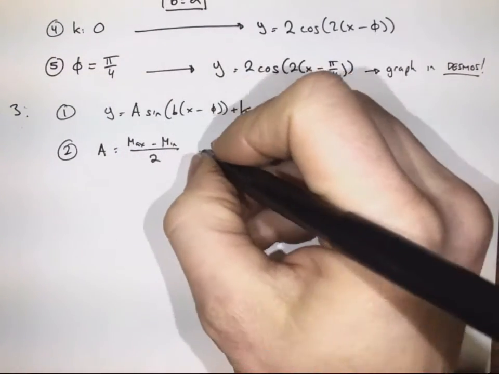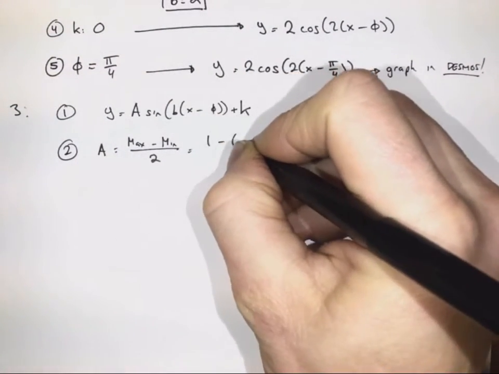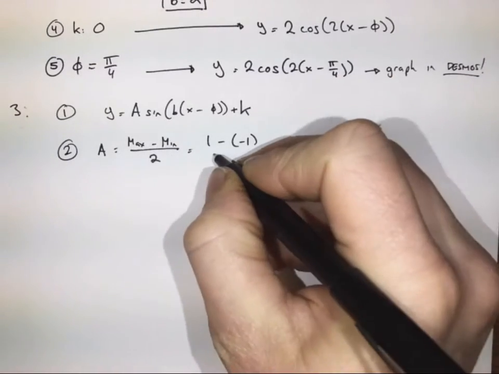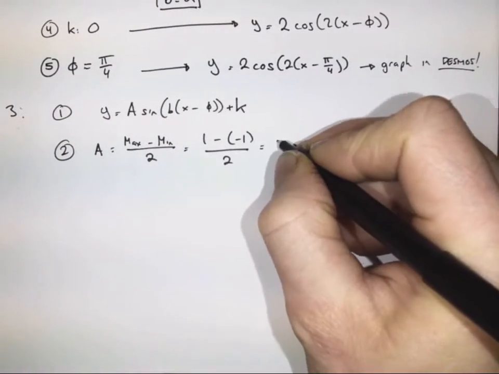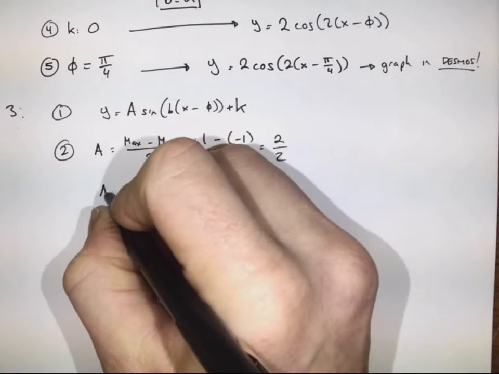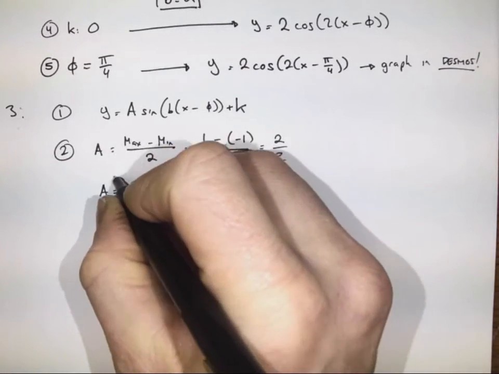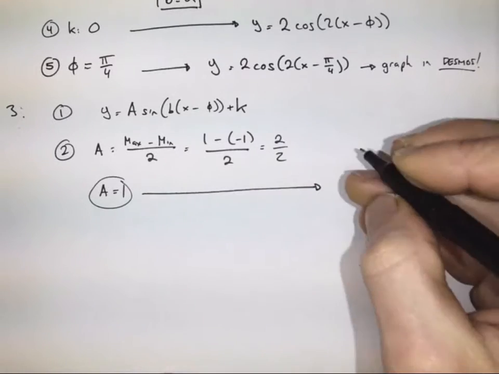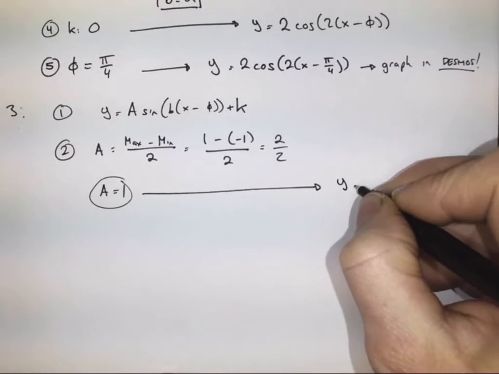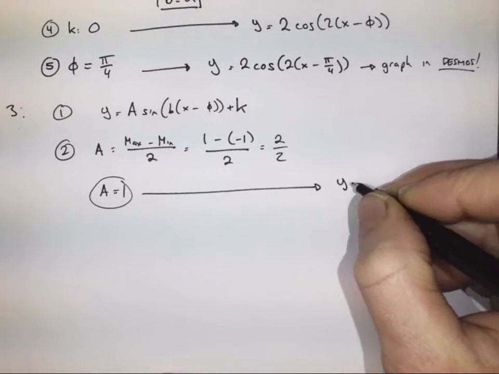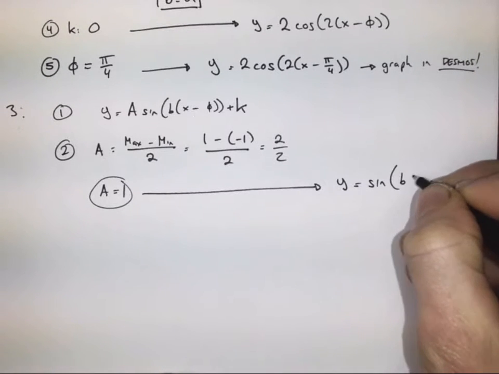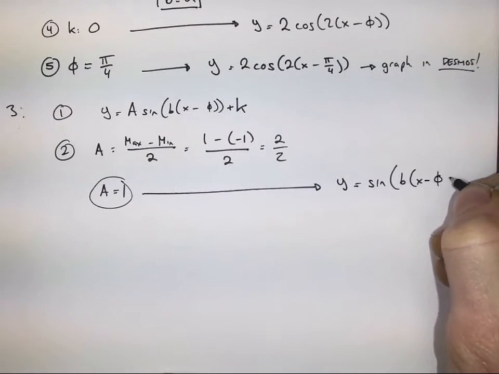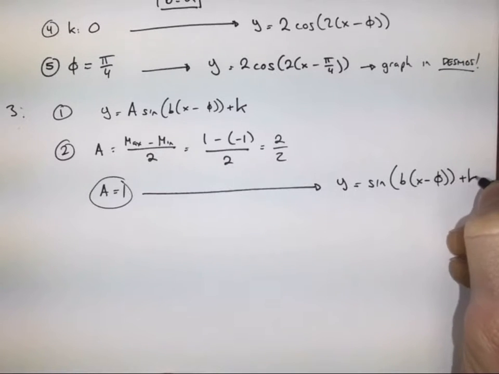That means we've got a maximum value of 1, we're going to take away -1, and we're going to divide by 2. So that equals 2 over 2. So our amplitude is 1. So we're going to take that, and we're going to rewrite this equation. y equals, I don't even need to bother writing 1 sine a. I can just write sine b(x minus phi) plus k.